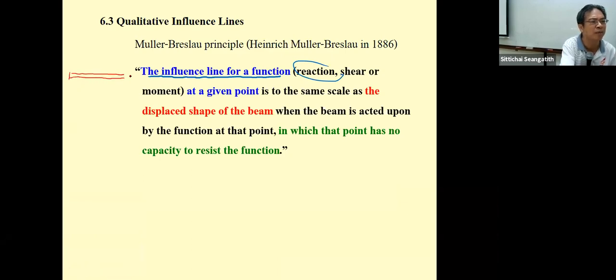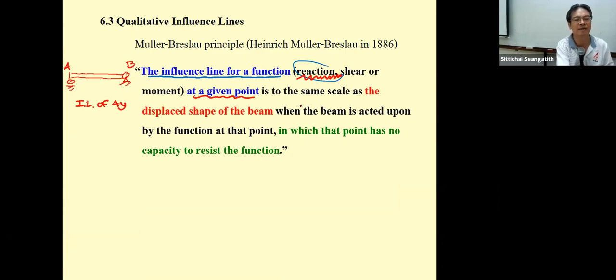This time I put this one for the pin. I put this one for the roller. And I say this is A and this is B. I like to draw the reaction. At a given point, I like to draw the influence line of A, at point A, for the reaction A sub y.